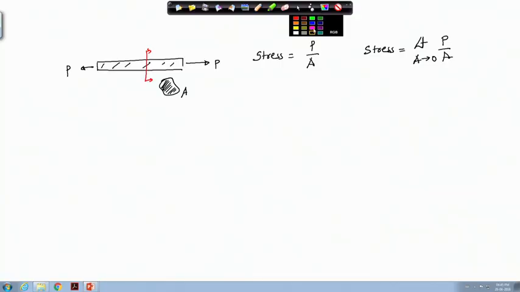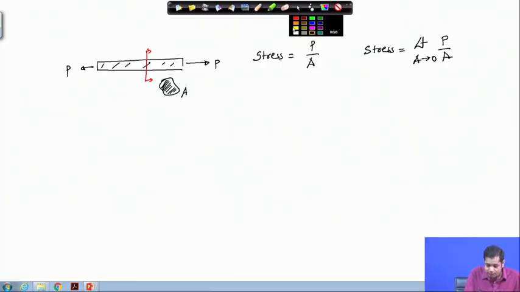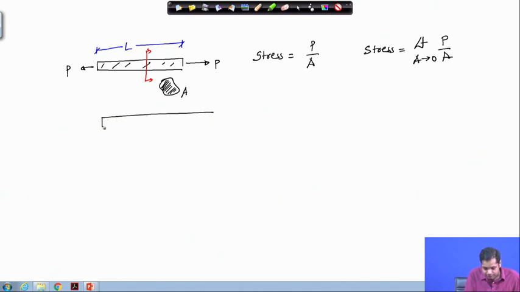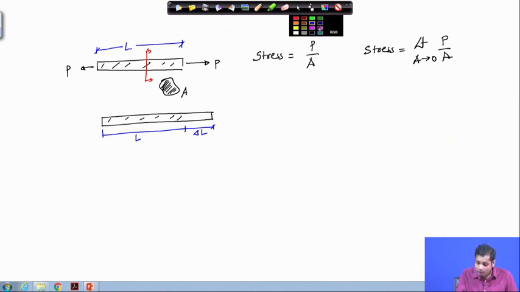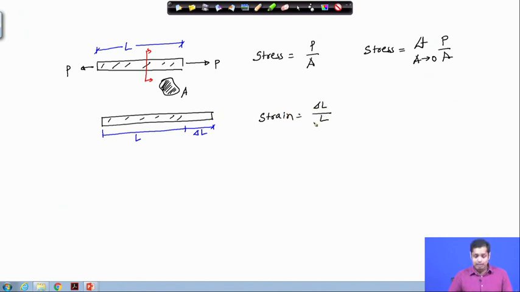Suppose the initial length of the rod is L, and after deformation the length may increase or decrease, depending on whether it is a compressive or tensile load, by delta L. Then recall, we define strain as delta L by L. This is the definition we used in our school days, and we are all familiar with it.